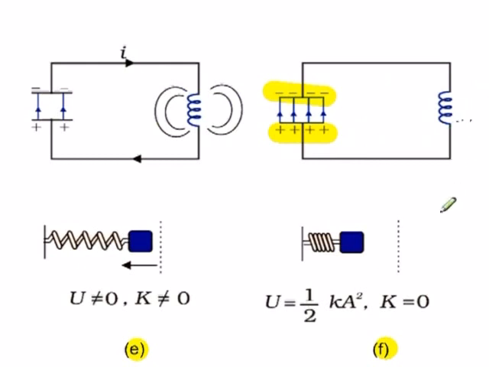That way, the energy at the capacitor is maximum, and that is equal to Qm square by 2C, and the energy at the inductor is 0. Analogously, it is as if the mass is at the maximum negative displacement in a spring, and U is equal to half Ka square and K is equal to 0.